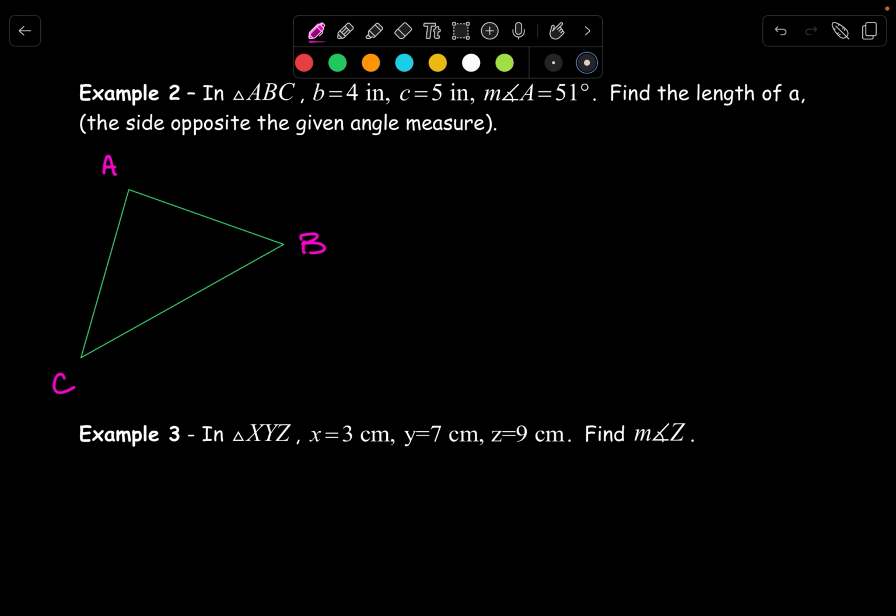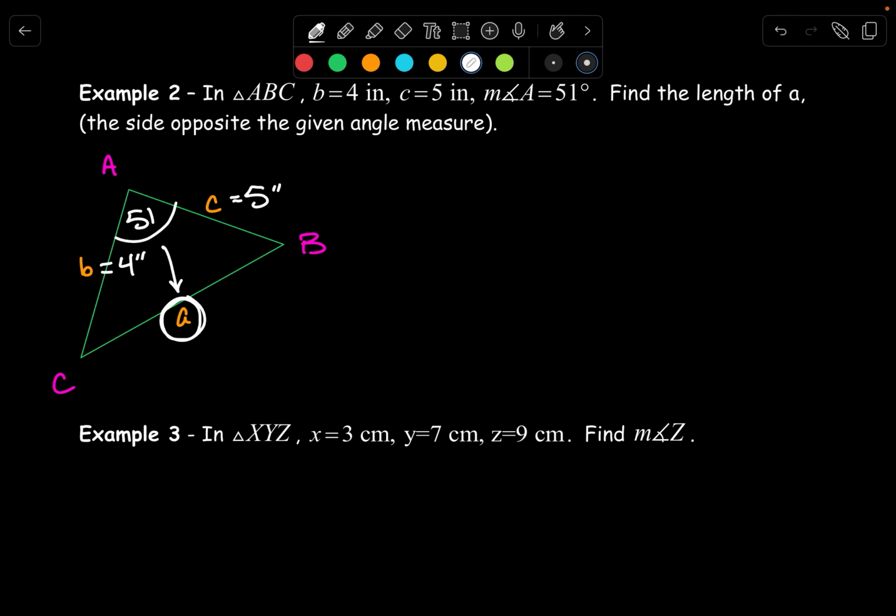You just have to be sure that across from it you put the little letter that corresponds. And so my given information for this one is that B is 4 inches, C is 5 inches, and angle A is 51. And I'm looking for side A.